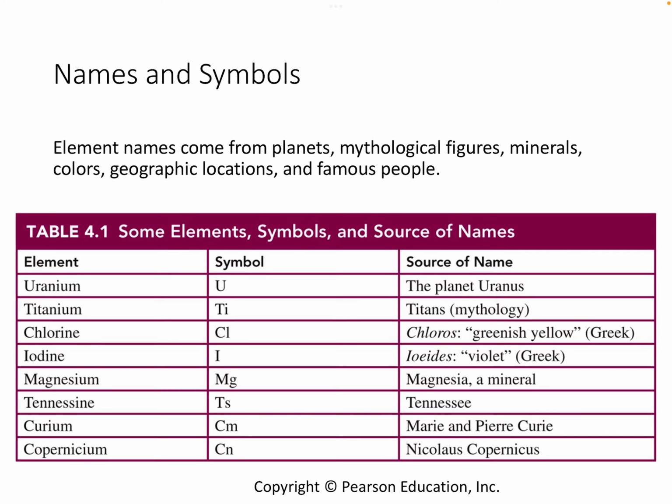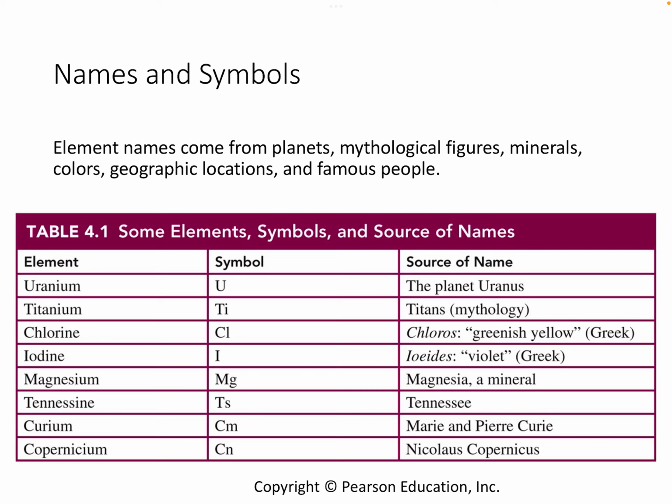Down below, there are some common names of different elements. So we have uranium, which is named after the planet Uranus. The next one is titanium, which comes from mythology. The next one is chlorine, and this comes from the Greek word for greenish yellow, which is chloros.